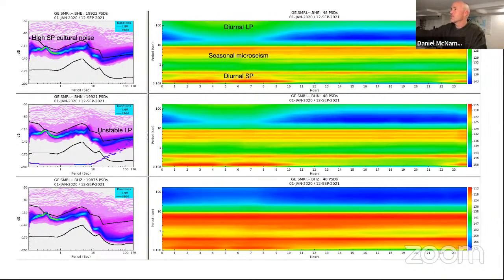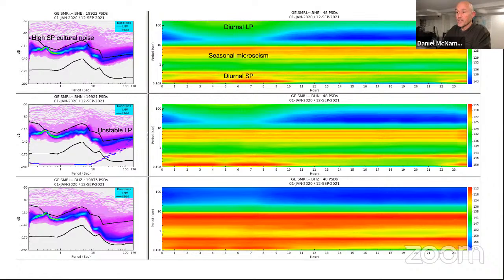You can see a hint of light blue at the end of the day and green in the earlier part of the day. So there's a slight bit of variation indicating that at 1 second period, it's probably more related to cultural noise.